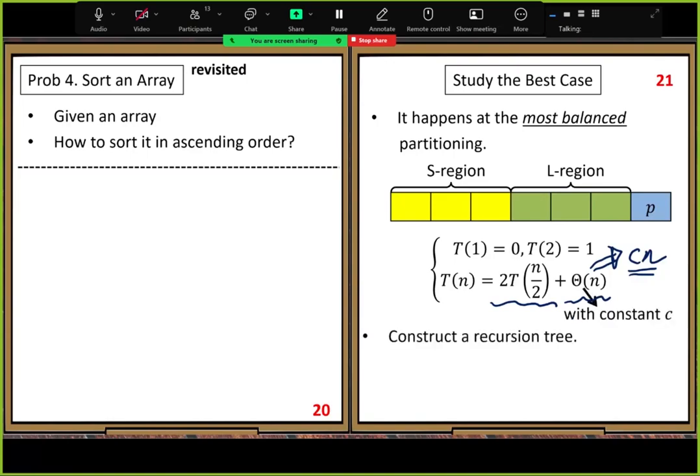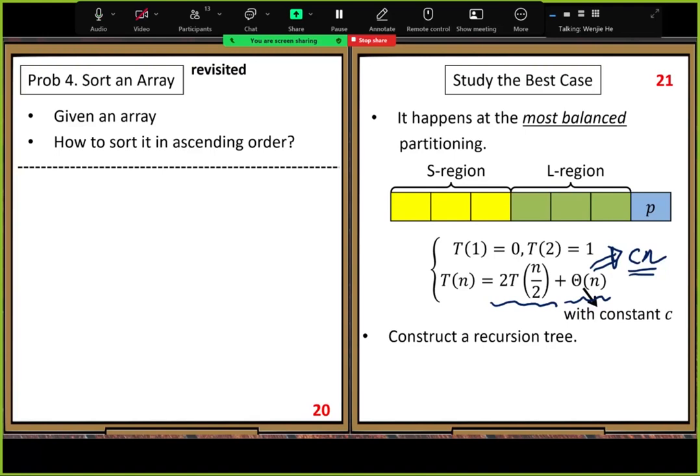Then, how to solve this recurrence relation? I remember we did a similar thing for merge sort. Different from merge sort, where we used n equal to a power of 2, here we use a different way to give you a good estimate, although you can use the same way if you like.